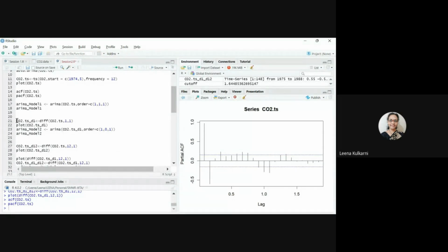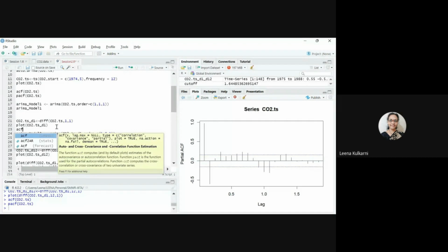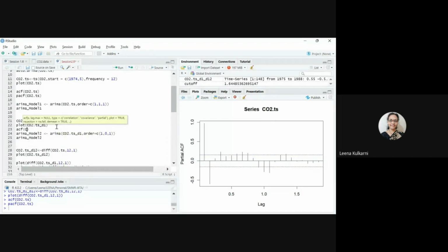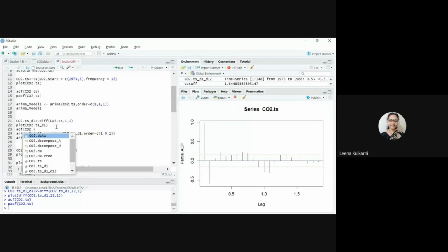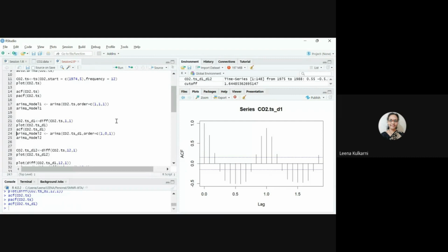Now, once we difference this data, the first order seasonal difference data, we can again look at the ACF and PACF of the first order difference series. You can immediately see the difference in the pattern, which is sort of a sine wave curve present in this data.